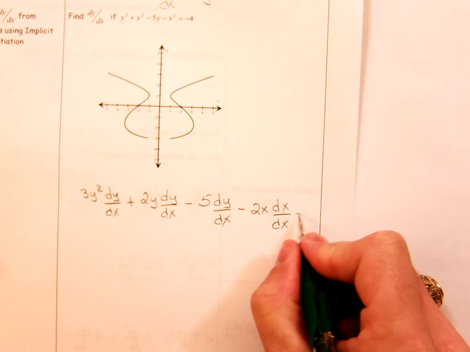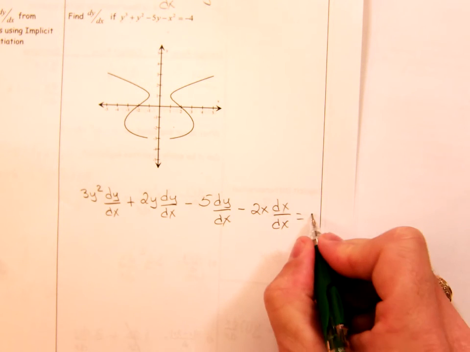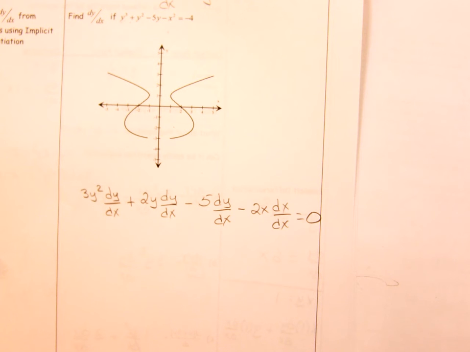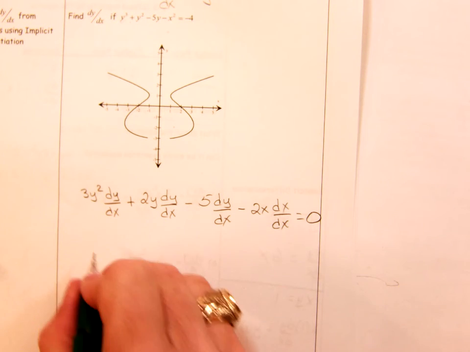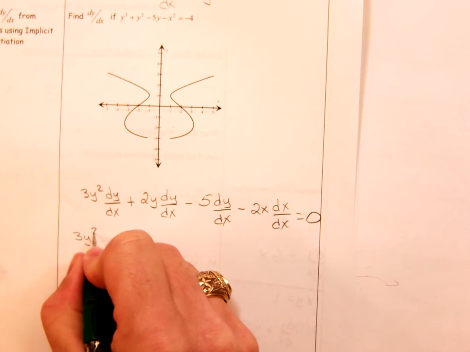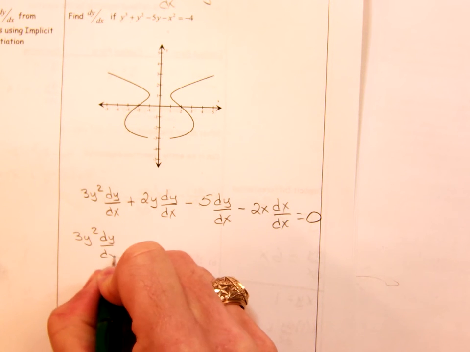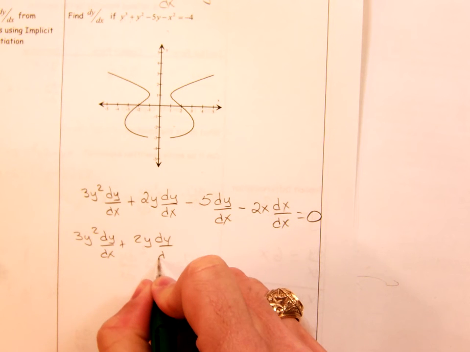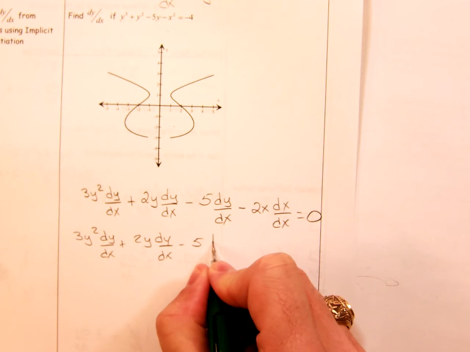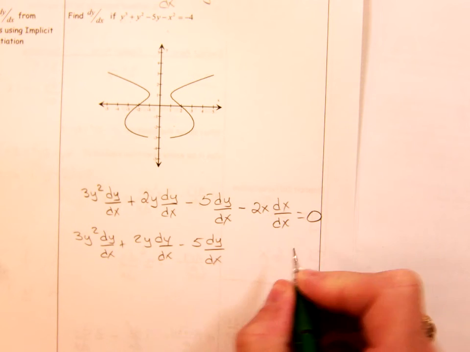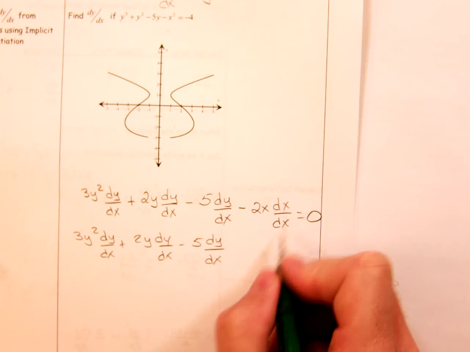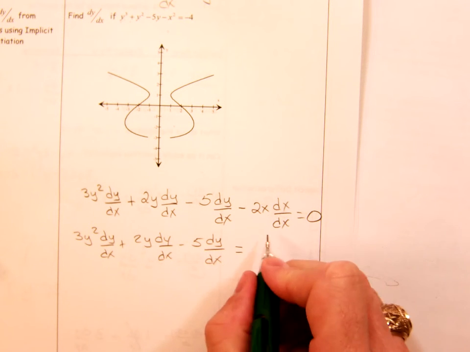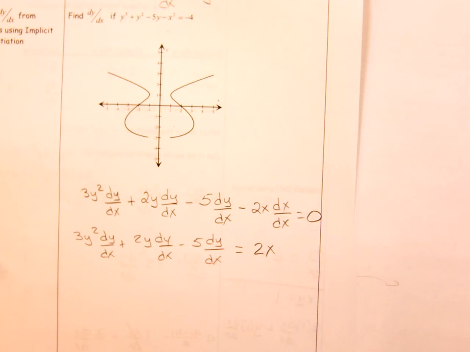What's the derivative of negative 4? 0. Okay? So this turns into 3y squared dy/dx plus 2y dy/dx minus 5 dy/dx minus 2x times 1. I'm going to go ahead and move that over, equals 2x. The reason I moved that over is because it doesn't have dy/dx in it.